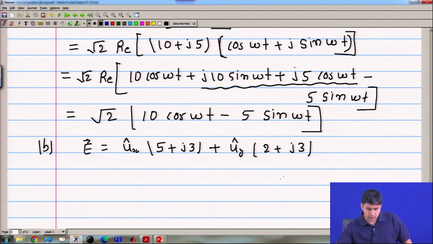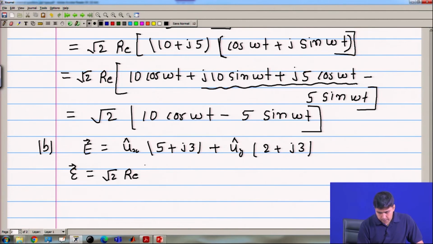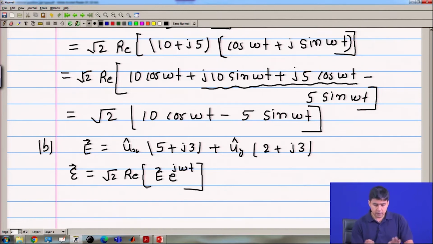So, for this we can find out the instantaneous quantity. So, here we can denote like this, E equal to square root of 2 real part of vector E e to the power j omega t.